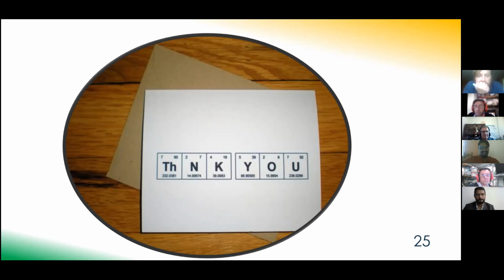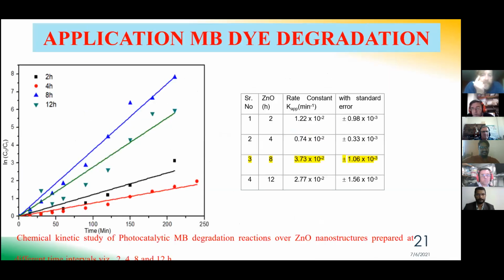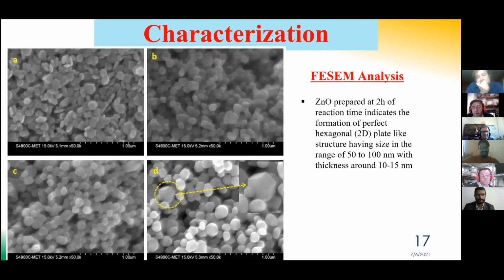You showed an X-ray diffraction pattern and some images. As I understand, you prepared an oriented microstructure, yes or not?